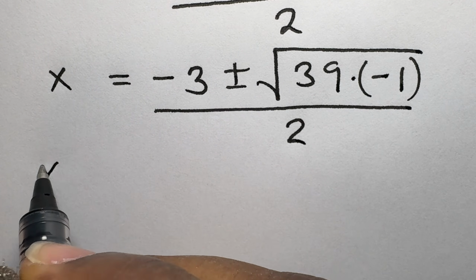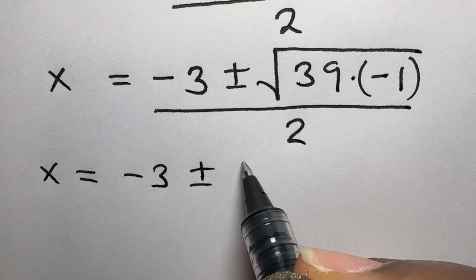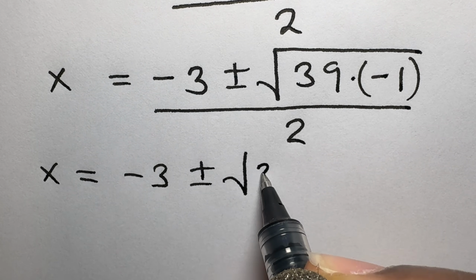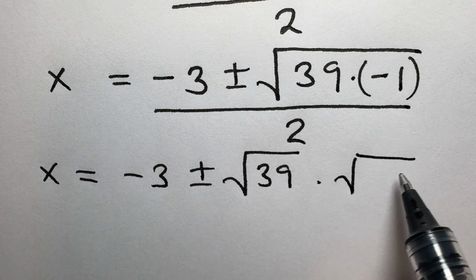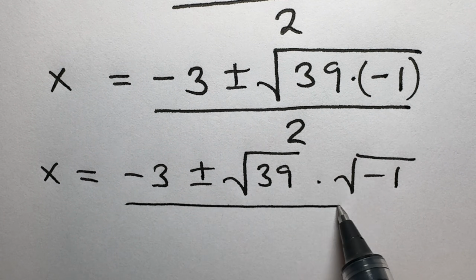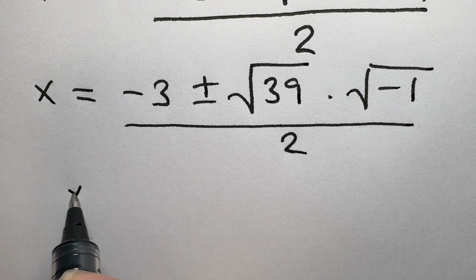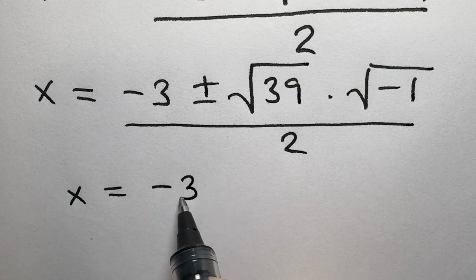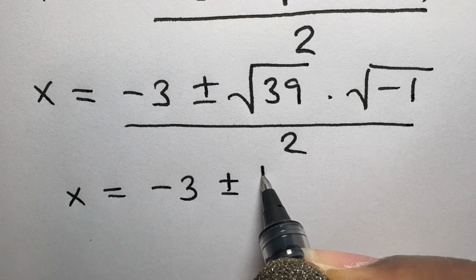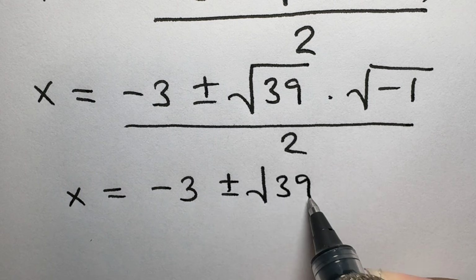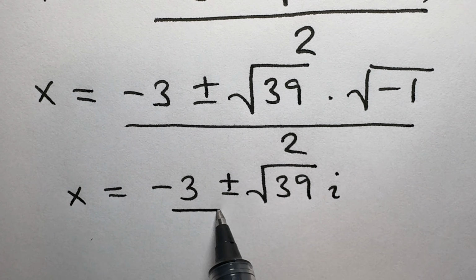Then I'm going to separate this into square root of 39 times square root of negative 1, then divided by 2. Square root of 39 is still square root of 39, and then square root of minus 1 is i, then divided by 2.